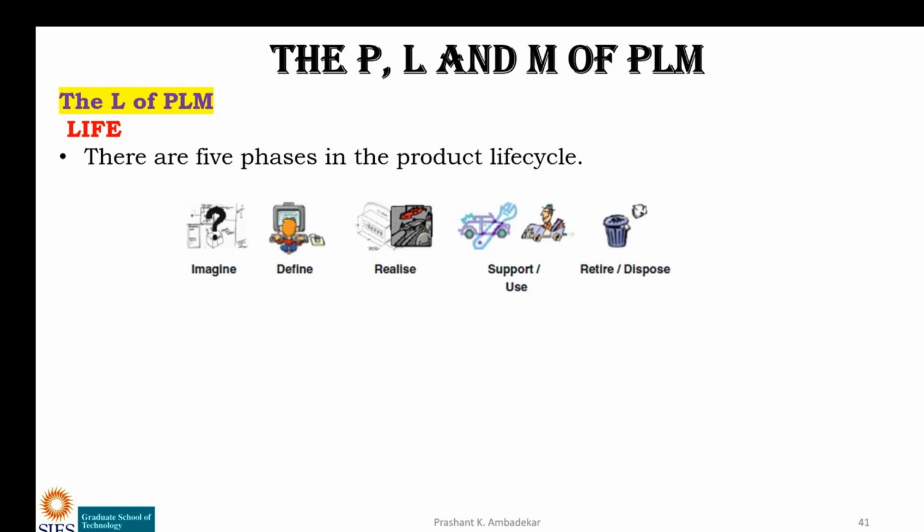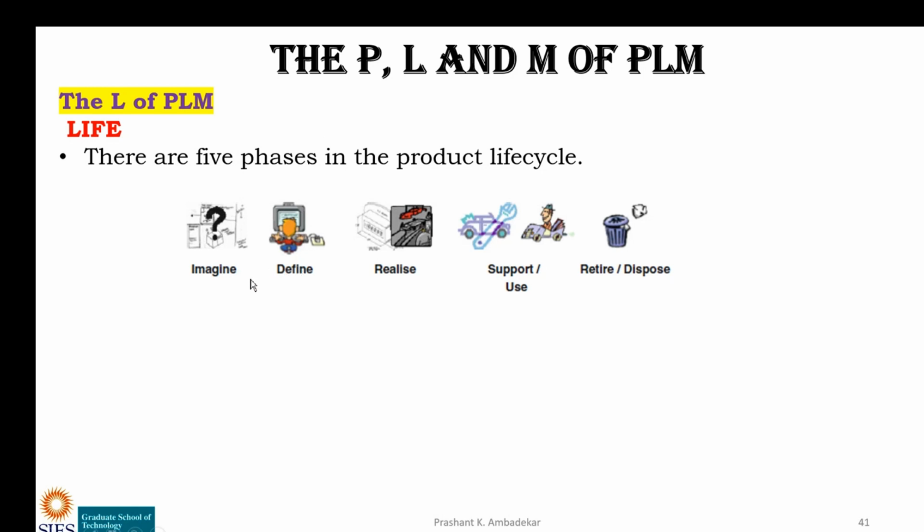Maybe a drawing is drawn on a sheet, or on some software. And after it is realized, the product will exist in the market. So you can say it is partly the introduction stage. The product will come in the market in this defined stage.